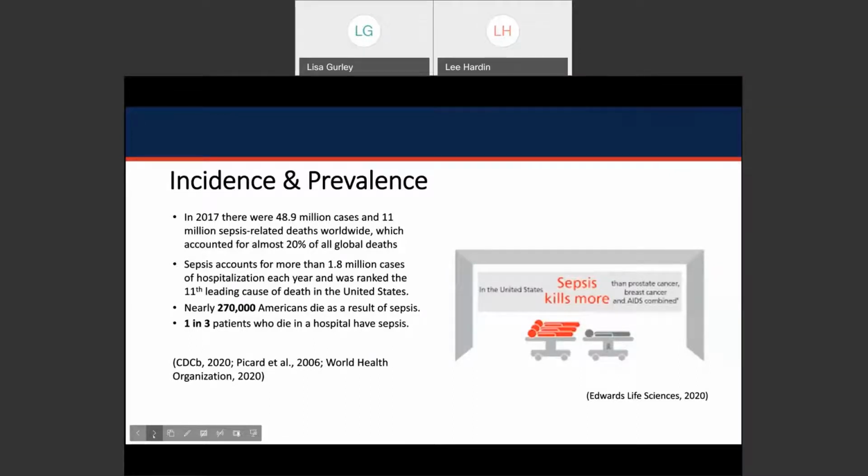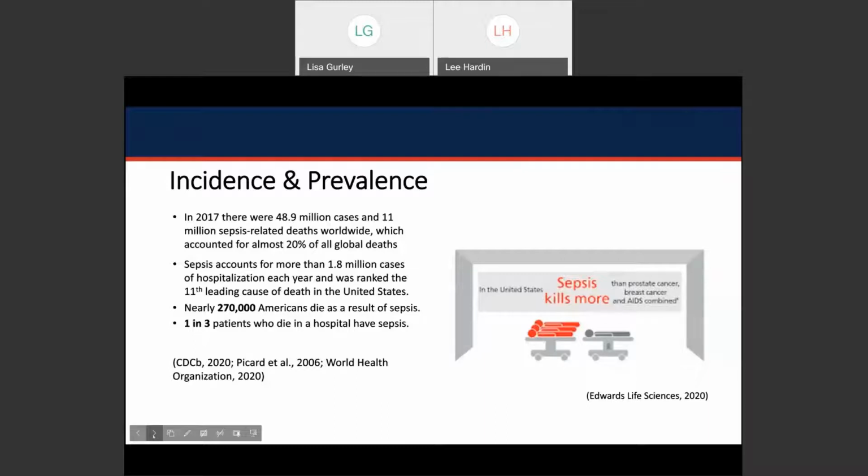In 2017, there were 48.9 million cases and 11 million sepsis-related deaths worldwide, which accounted for almost 20% of all deaths globally. So roughly 1 in 5 patients diagnosed with sepsis died.